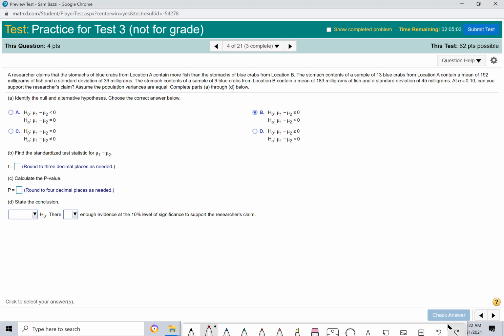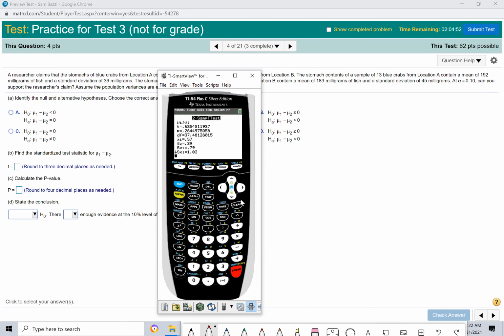So let me just do that. I'll bring the calculator up. There you go. And I clear this. Stat, tests, two sample t-test, enter.